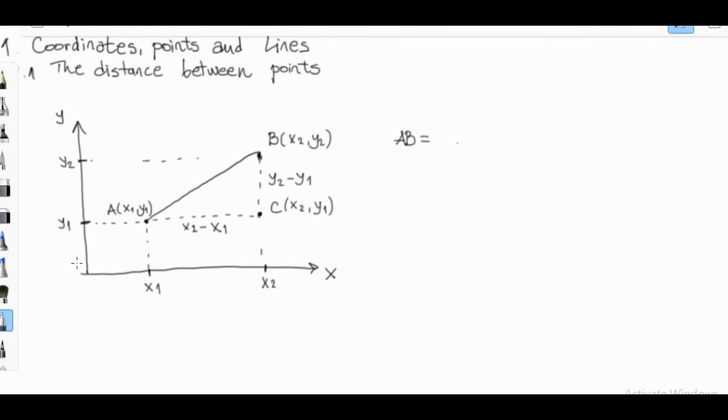So we can use Pythagoras theorem and we can show that the length of AB is x2 minus x1, squared, plus y2 minus y1, squared. It all goes under the root.